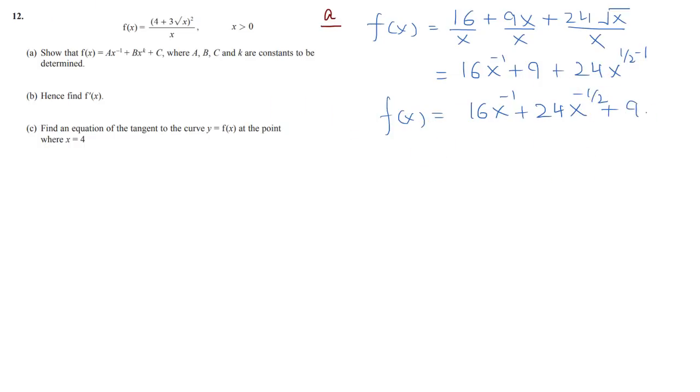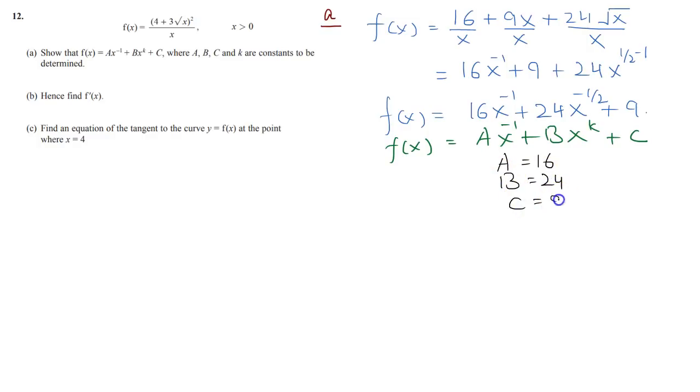So if you compare it with f of x is equal to a x to the power minus 1 plus b x to the power k plus c, we can say that a is equal to 16, b is equal to 24 and c is equal to 9 and k is equal to minus half.